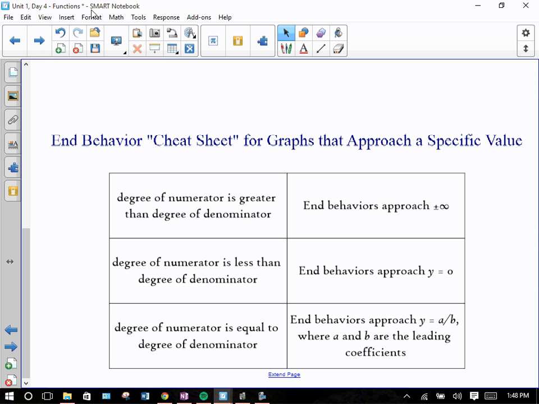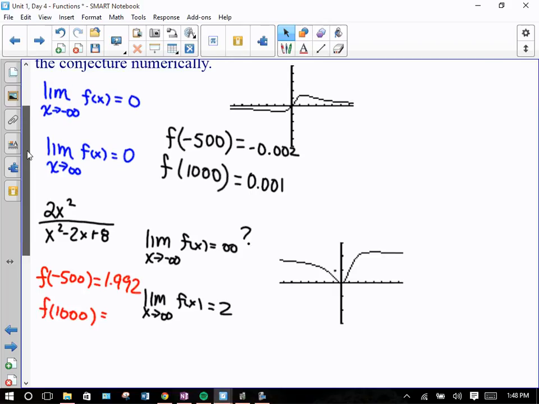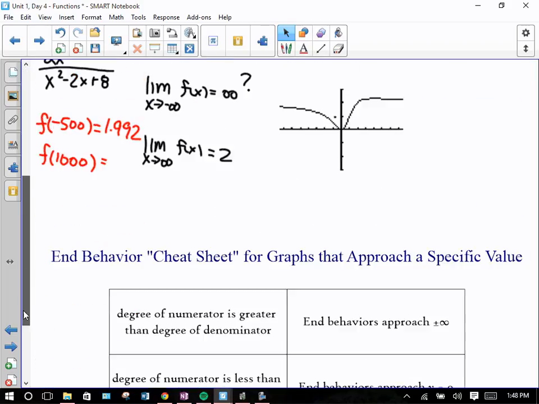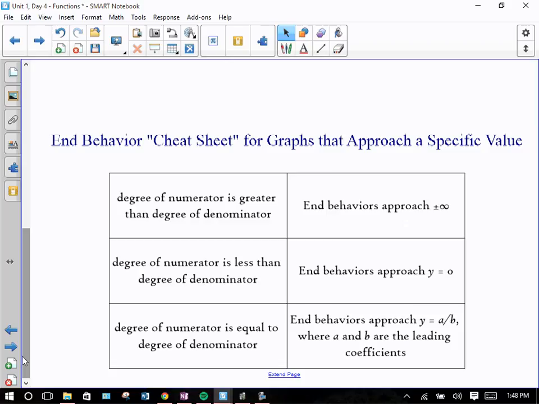Alright, so if we go back up and look at this one, we saw both graphically and algebraically that the end behavior as x approaches negative infinity and positive infinity was 0. Now if you look at this, in all of these we're comparing the degree of the numerator to the degree of the denominator.